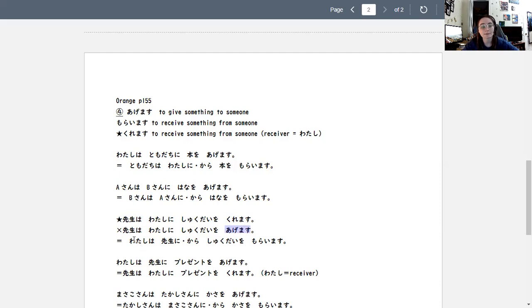You could also frame the sentence in this way, which would also make sense. You could either do it this way or this way. So you could say watashi wa sensei ni or kara shukudai o moraimasu. So you received homework from sensei.